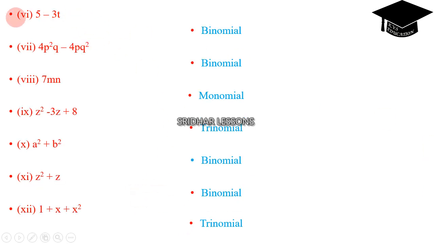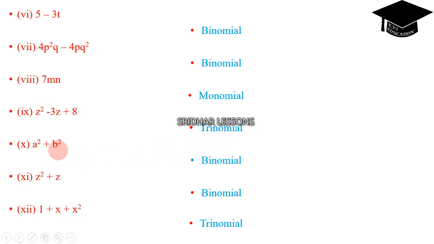And sixth one, 5 minus 3t, this is a binomial, it has two terms. Next, 4p square q minus 4pq square, it has two terms, it is a binomial. Next, 7mn, it is a monomial, having only one term. And here z square minus 3z plus 8, this is a trinomial.